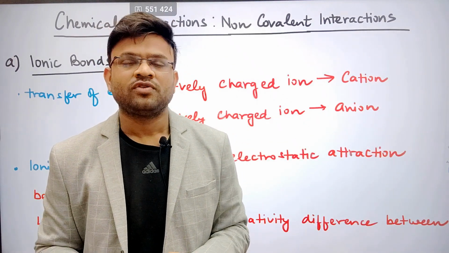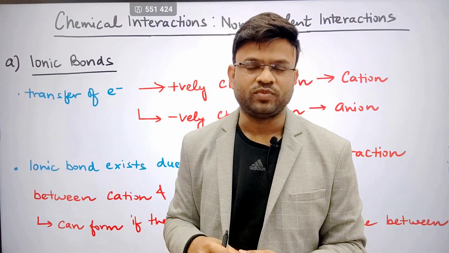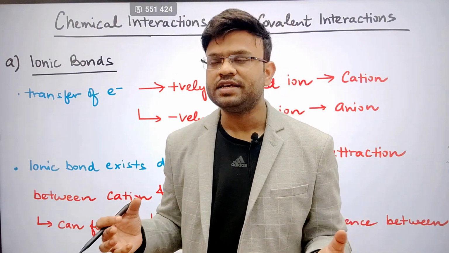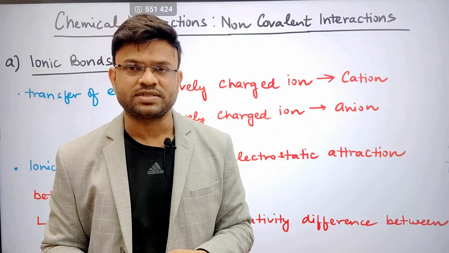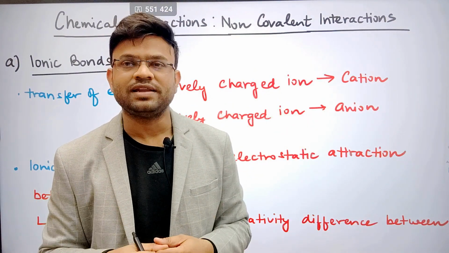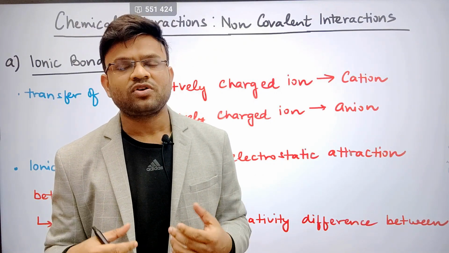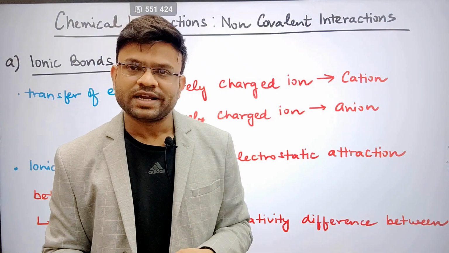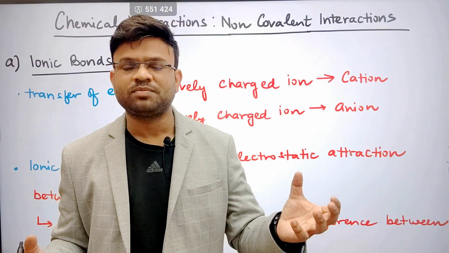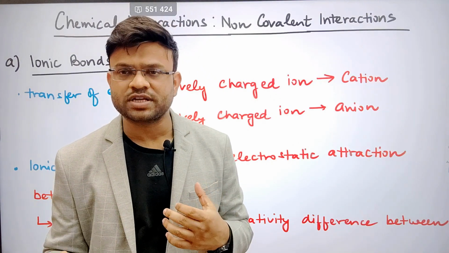For example, fluorine is a very highly electronegative atom. You can say that fluorine has the highest property to pull the electron towards itself. Again, nitrogen, oxygen, these are very highly electronegative atoms. If I am talking about hydrogen, hydrogen is an electropositive atom. It does not have the property to pull the electron towards itself. So this is electropositive.